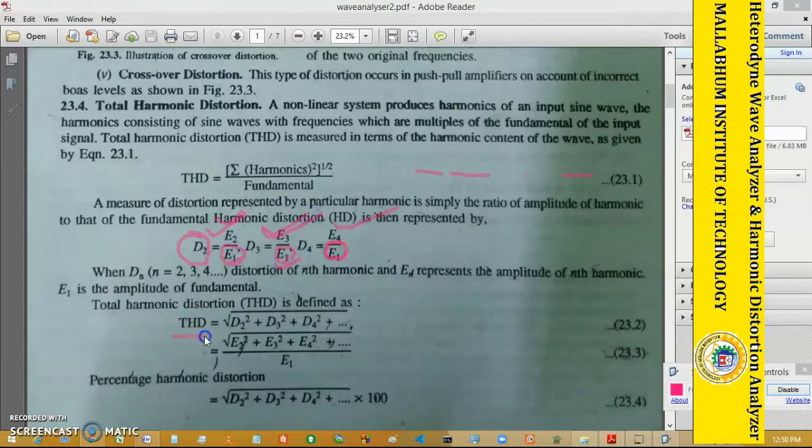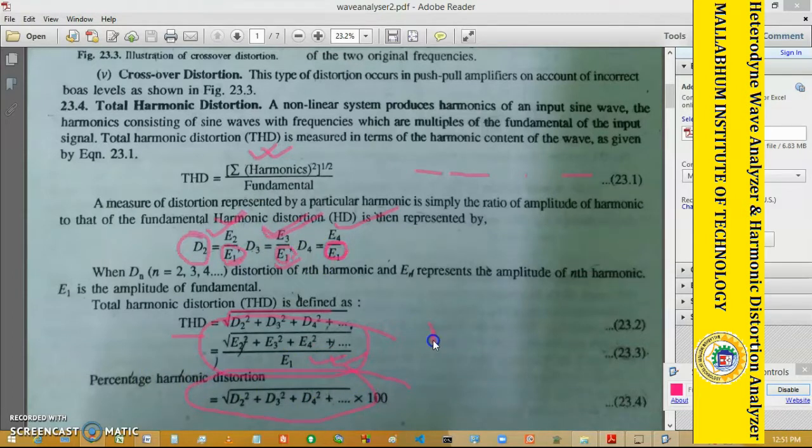And total harmonic distortion is calculated just by this ratio: root over D2 square plus D3 square plus D4 square, like that. Okay, as D2 is E2 divided by E1, so the total harmonic distortion expression is like that. Okay, this is the expression, and in mathematical terms this is the percentage harmonic distortion.